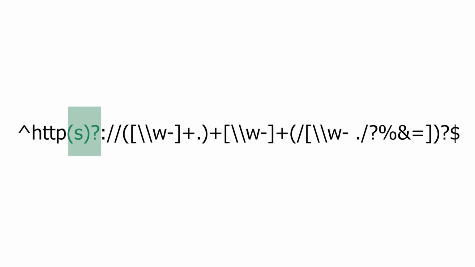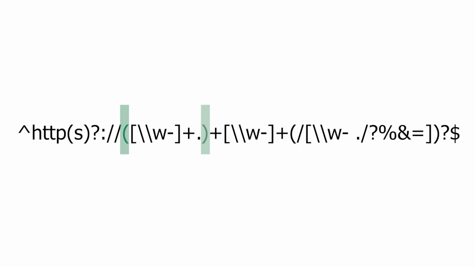Then the parenthesis with an S in the middle and the question mark indicates that after the HTTP, you can optionally have an S. So what this means is that we expect the URL to begin with either HTTP or HTTPS. The other part in here, the colon and then the backslashes, matches the colon and the double slashes that are part of the URL's protocol separator.